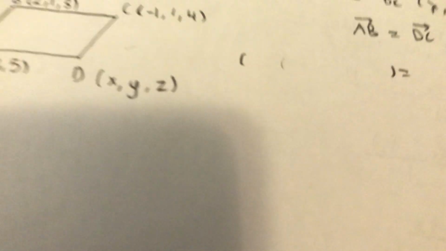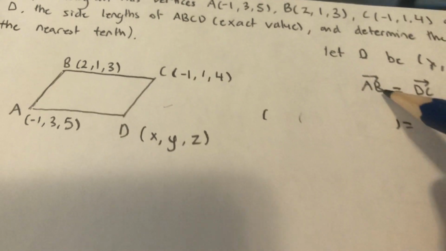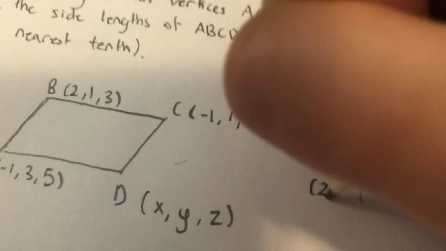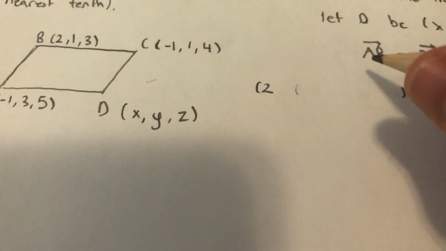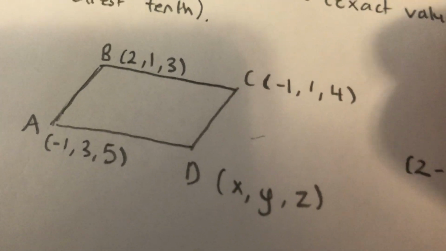And we're back. So to find the vector AB, as we mentioned earlier, we take the x value of the second point, which here is B. So we take the 2, and we subtract the x value of the first point, which is A, and we know that is -1. So it will be 2 minus -1.